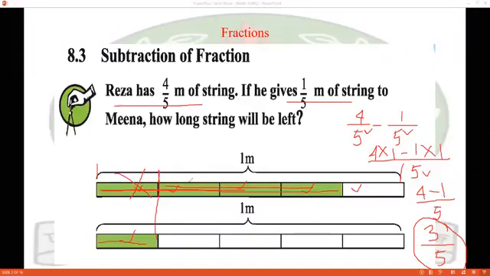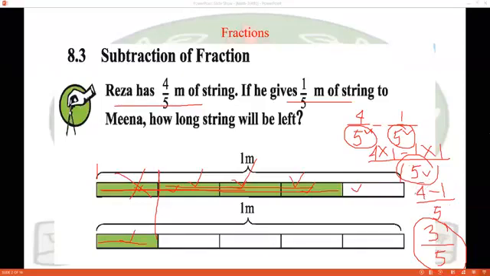We also know that physically there are 3 parts: 1, 2, and 3. In this way we can solve it. But you have to remember one important thing: when the 2 fractions have the same denominator, the common denominator will be the same, and then for the numerators, 4 into 1 is 4, minus 1 into 1 is 1.